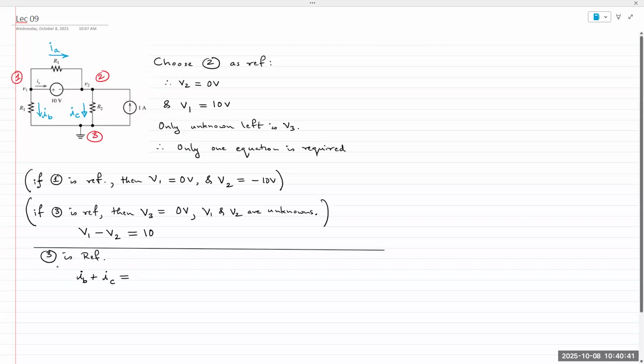That's my KCL. IB, because it's coming down, I can write as V1 minus V3, or let me say VR1 over R1 plus VR2 over R2 is equal to 1.